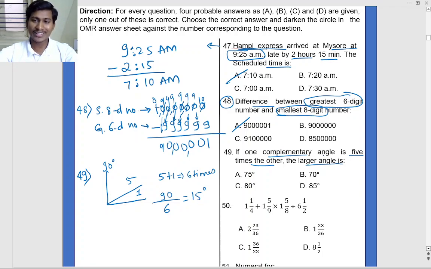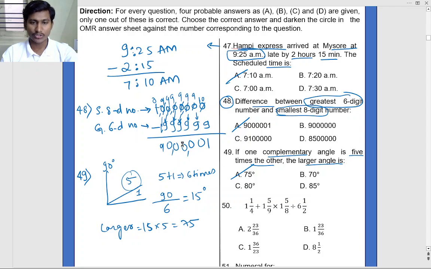The larger angle they are asking, so larger means 15 into 5. So 15 fives are 75. So option A is the answer here.